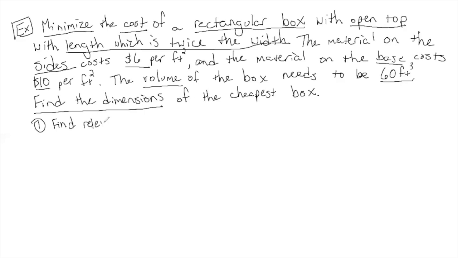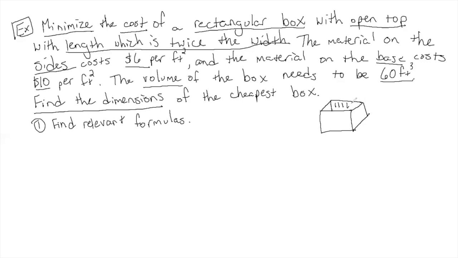find relevant formulas. Okay. Well, a picture helps. So let's start with a picture. And I'm going to draw this in like the worst possible way. That, and there, good enough.